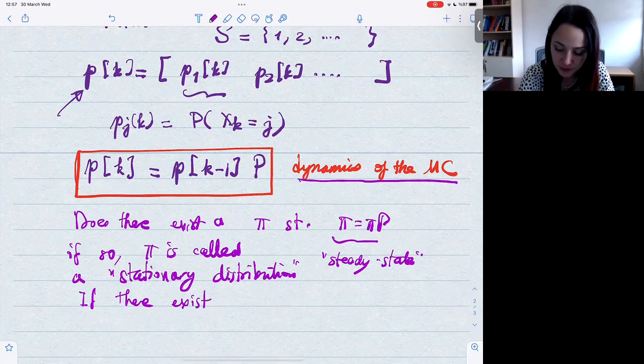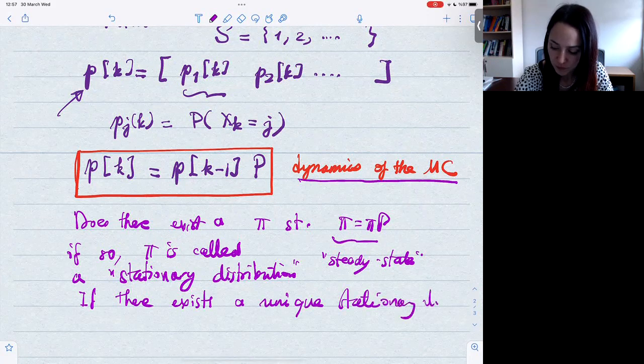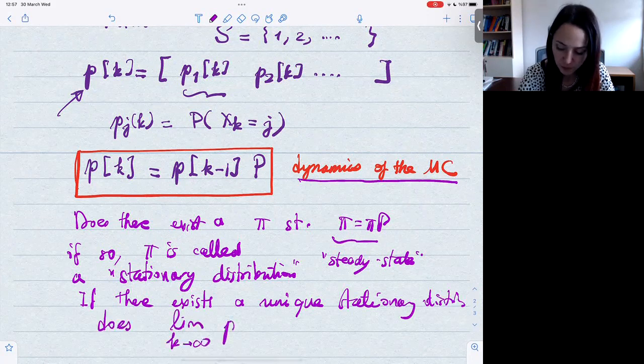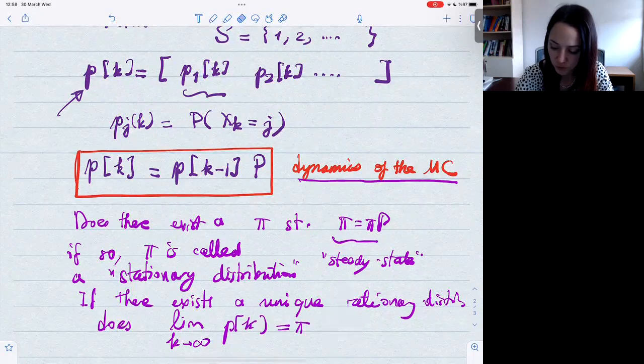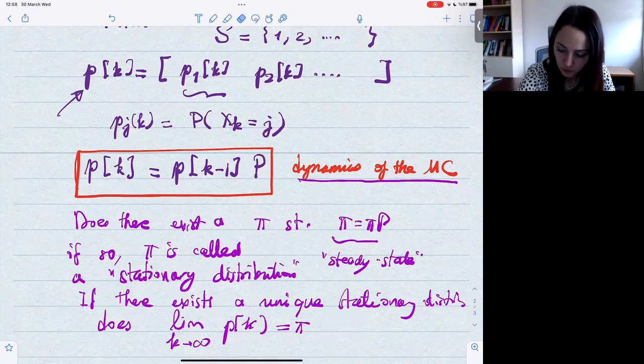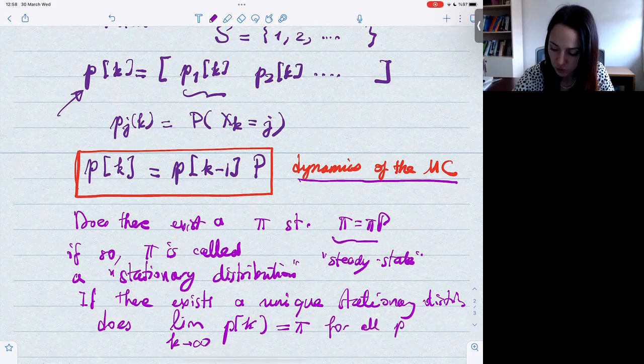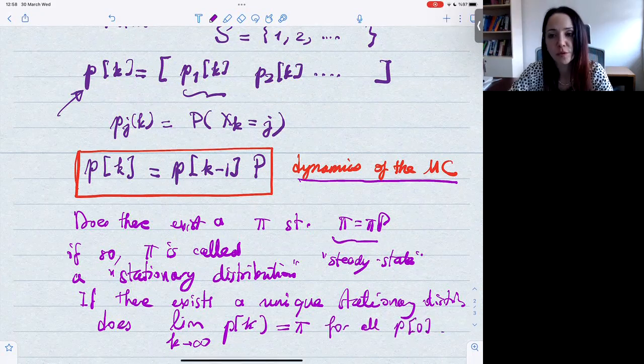But if there exists a unique stationary distribution, does the limit as k goes to infinity of p of k equal pi for all initial probability vectors?